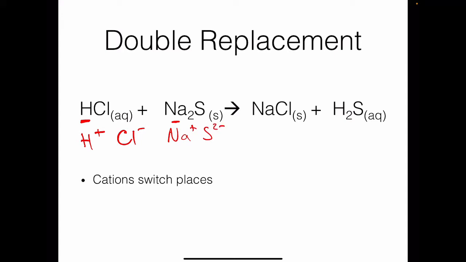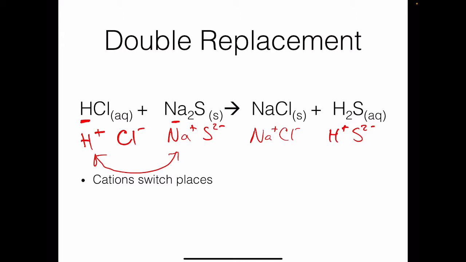And then if we just switch the cations, we can see that's exactly what's happened on the other side. Now we see that sodium is paired with chlorine, and on the other side our hydrogen cation is paired with the sulfur anion.